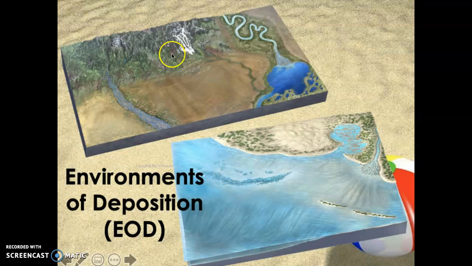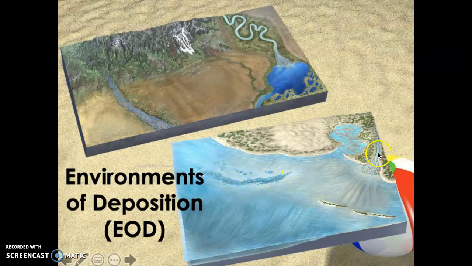So we're going to see what happens along and at the ends of rivers. There are some glaciers here. There is a desert presumably over here and right here. You can see wind activity. There are swamps here and here. There are lakes. Of course, in this bottom diagram, we have the ocean.